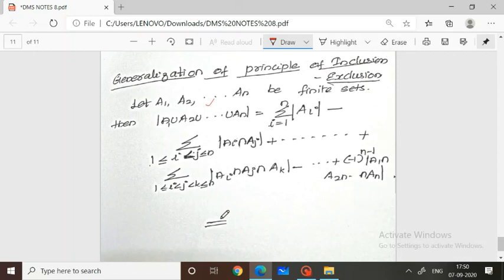Next, it is simple: the first term is positive, the second term is negative, and the next term will be positive.